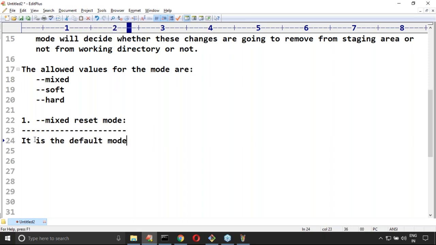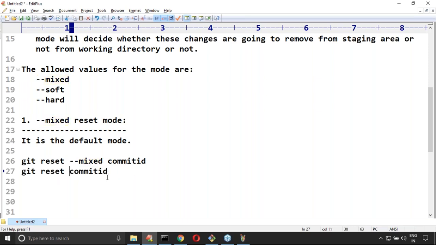Remember this one. What is the meaning of default mode? If we are not specifying any mode, whichever mode is considered by default is the default mode. Remember that. So git reset --mixed commit id, or git reset specified commit id.